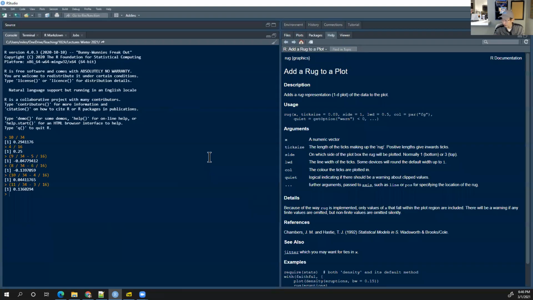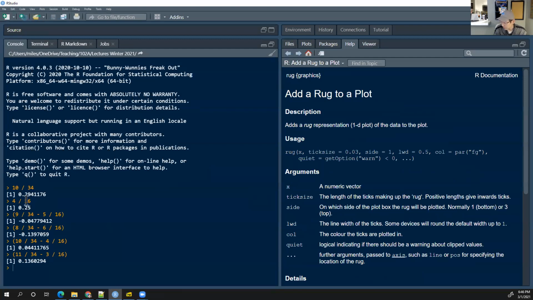These are the results here. In our data set we have 10 out of 34 versus 4 out of 16. 0.294 minus 0.25, we get a difference of 0.044. And here I showed some of the different results that you could get.